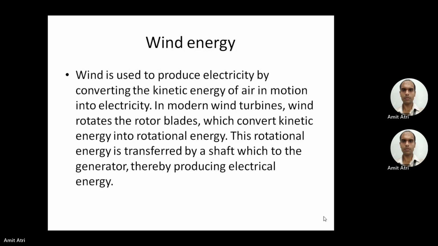The wind, having kinetic energy, transfers it to the rotor blades that are connected to the generator via the shaft, and that generator produces electrical energy. So it is converting kinetic energy, a form of mechanical energy, into electrical energy.